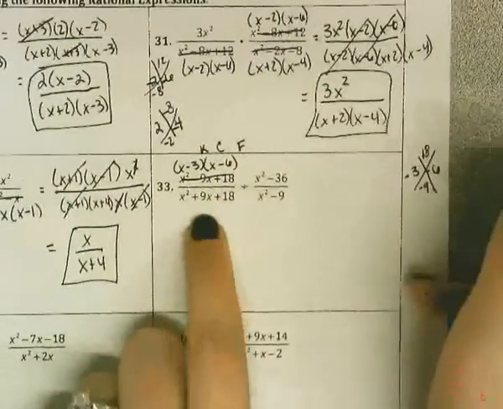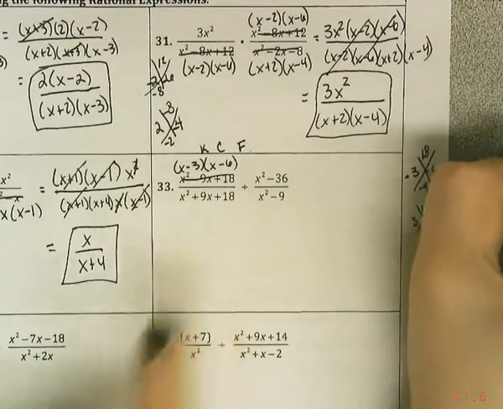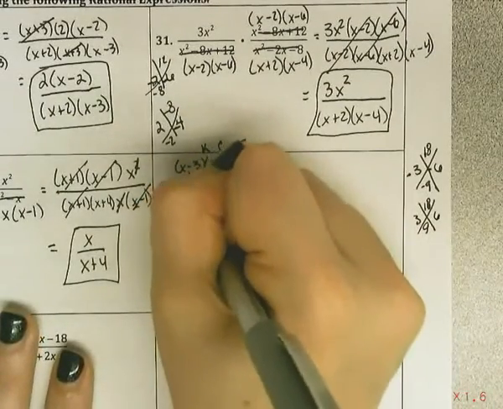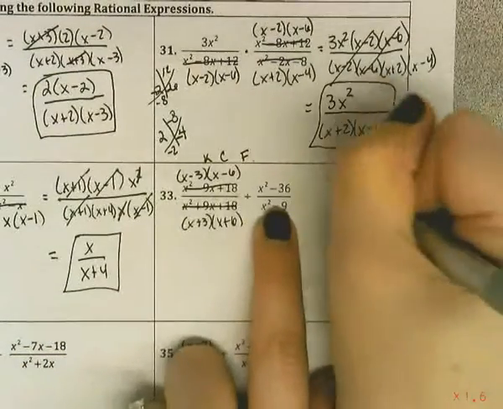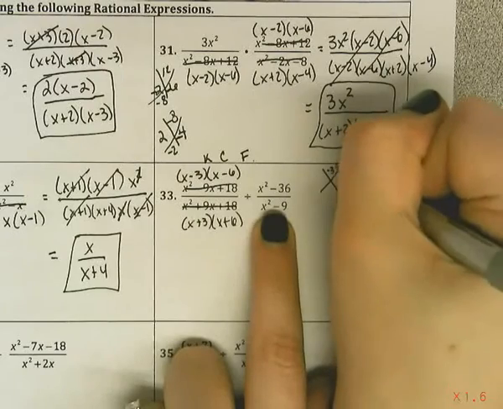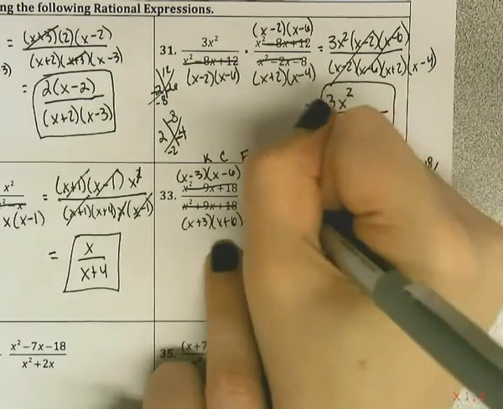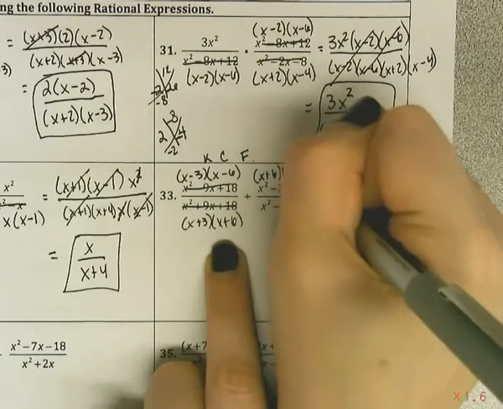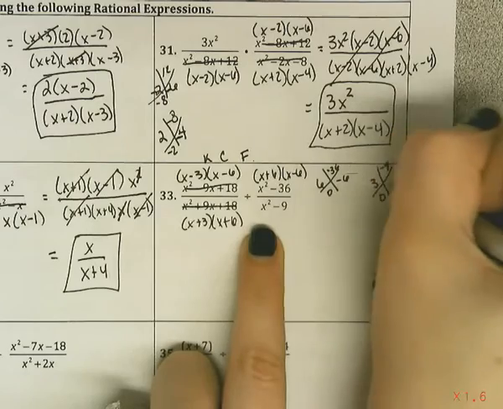Same idea for this one, except they're both positive, so positive 3 and 6. X squared minus 36. Negative 36 and 0, 6 and negative 6. X squared minus 9. Negative 9 and 0, 3 and negative 3.